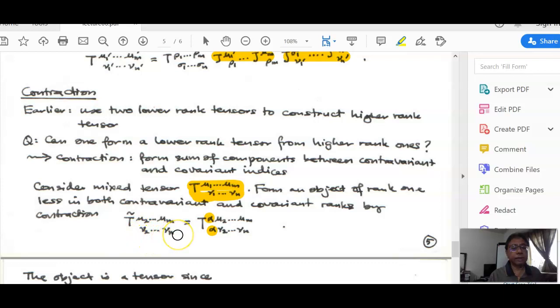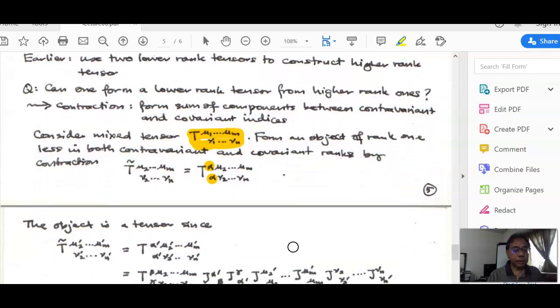So in other words, this object for which we have made one of the indices on top the same as another index at the bottom gives you one less index on top and one less index at the bottom. So it will be equivalent to a tensor of contravariant rank m minus 1 and covariant rank n minus 1.